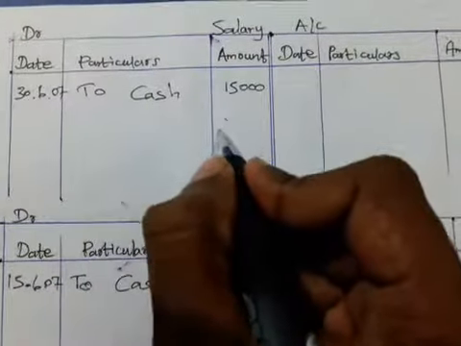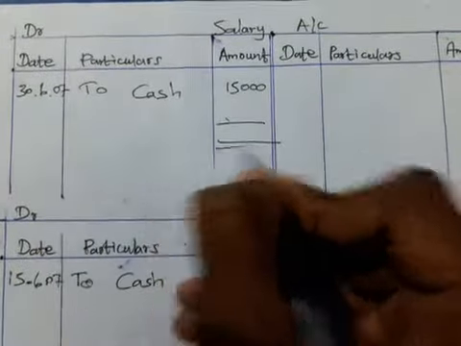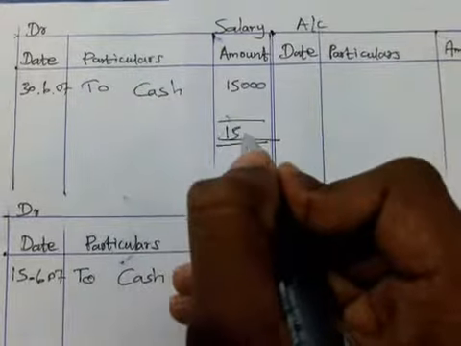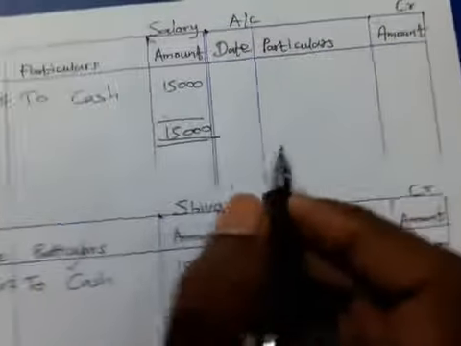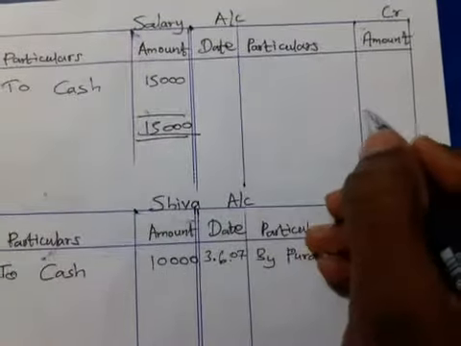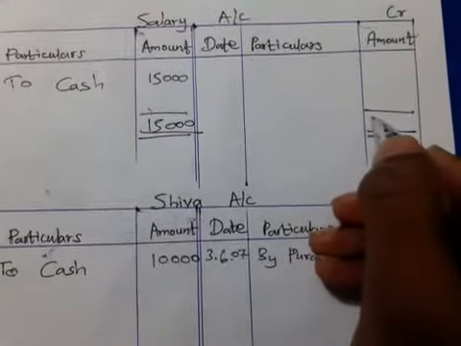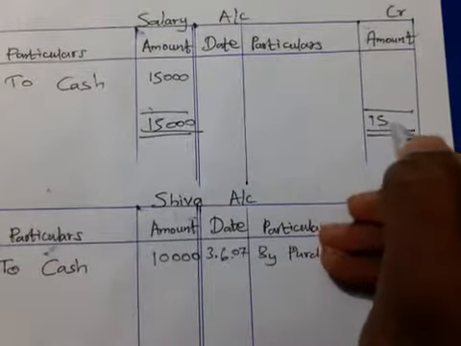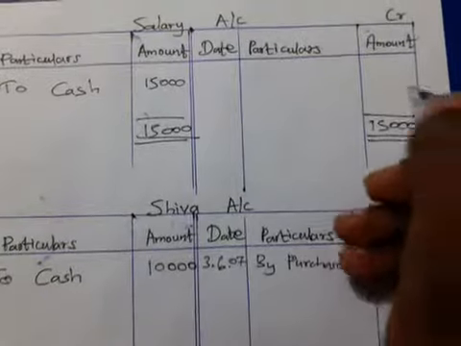In the salary account, there is only 15,000 on the debit side. So we'll write that amount on both sides.